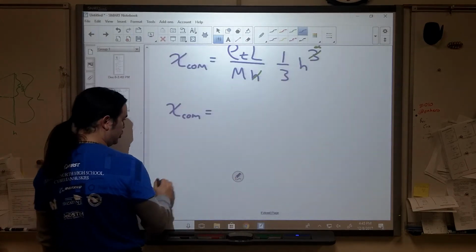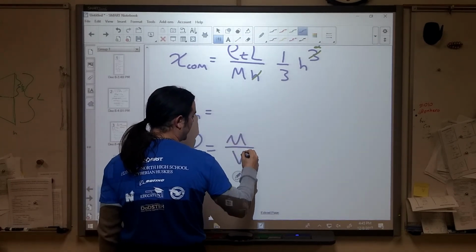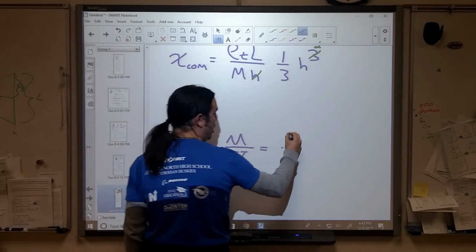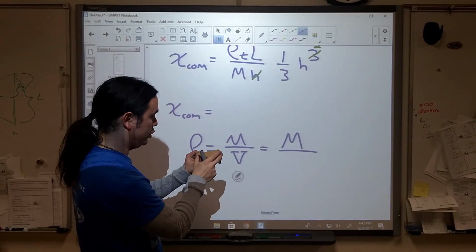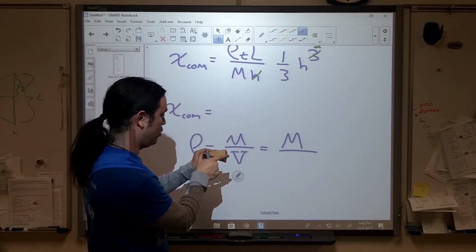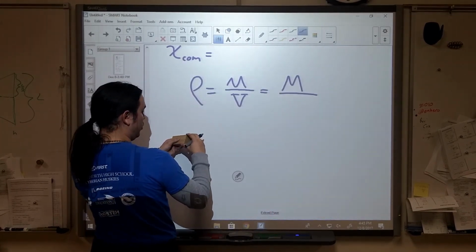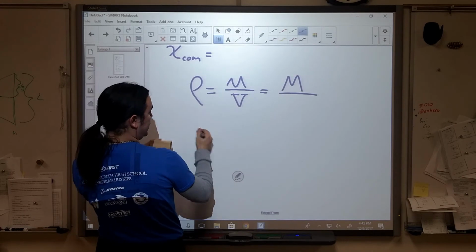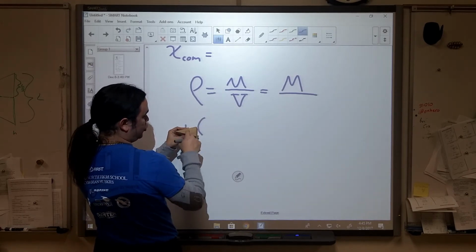Real quick, I told you that the density was going to be equal to the total mass of this thing divided by the total volume. Well, that's going to be the mass divided by the total volume of this thing, so let's find the volume of this total thing. We're going to have some height, t, times the area here, this triangle.